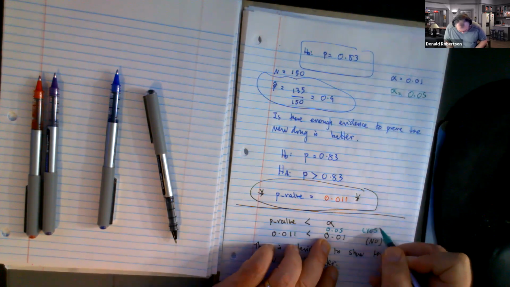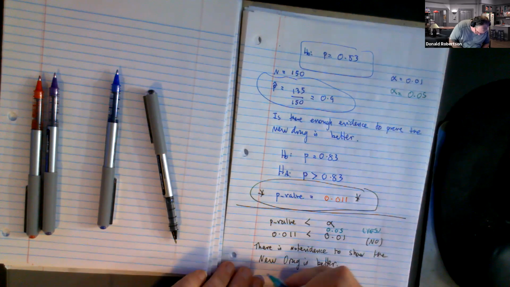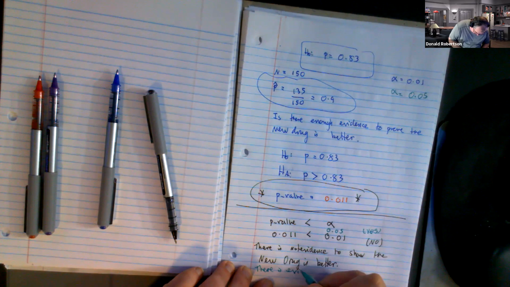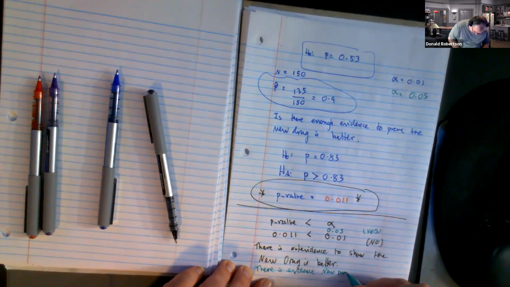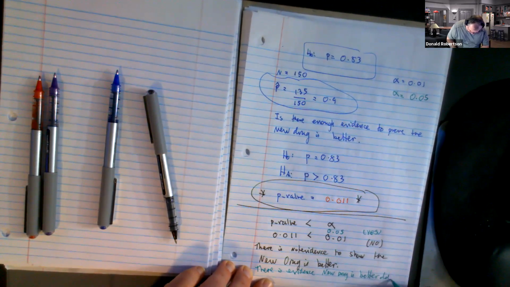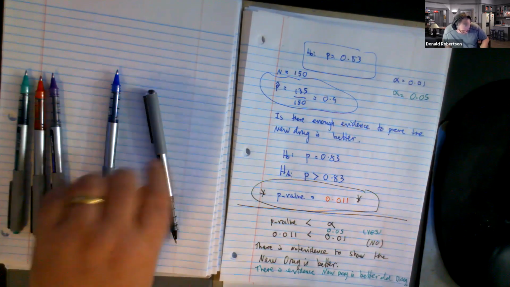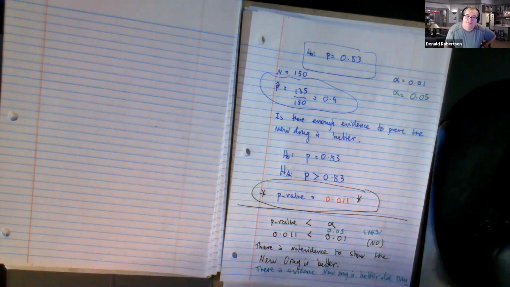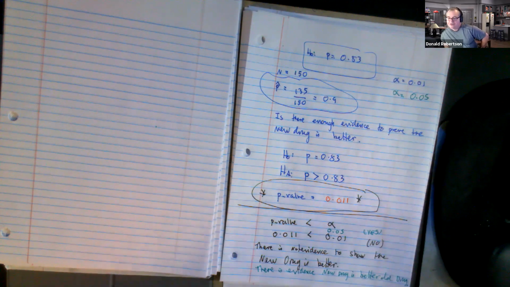And when the p-value is less than the significance level alpha, you would then say there is evidence that the new drug is better than the old drug. And the structure of that is pretty much standard for every single proportion hypothesis test that you're likely to make.